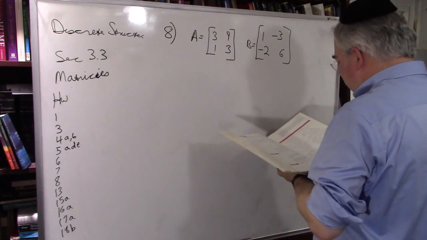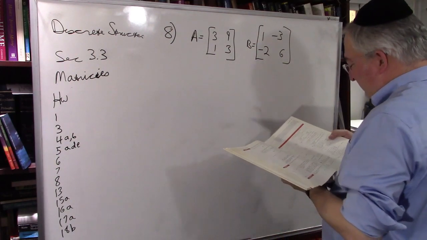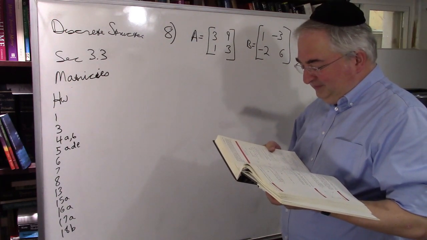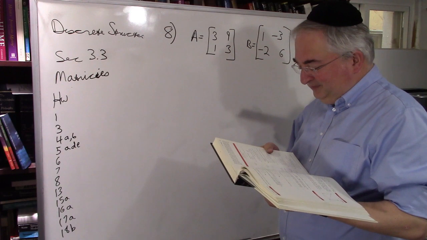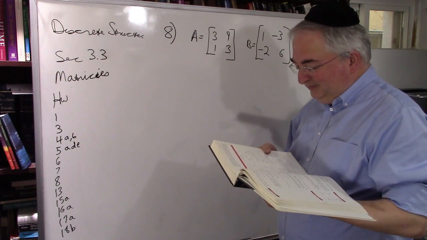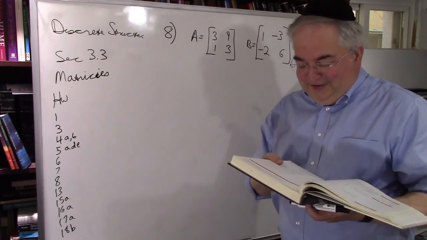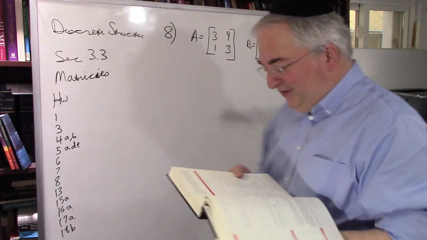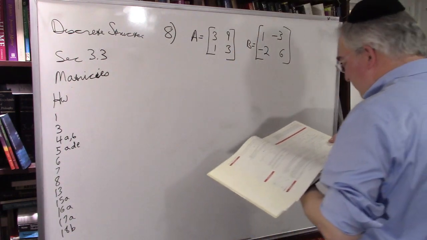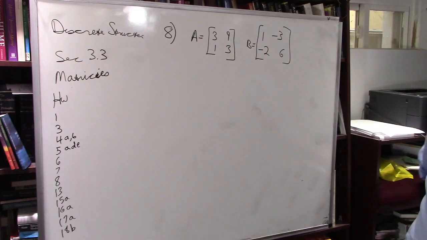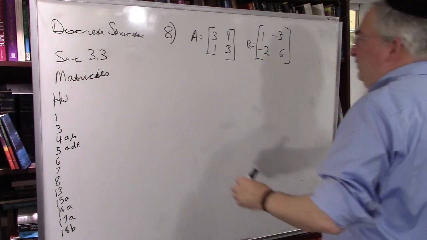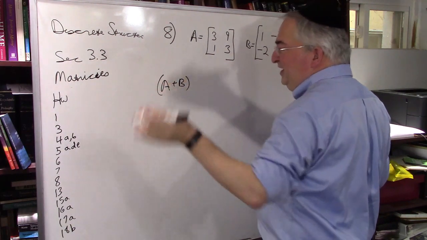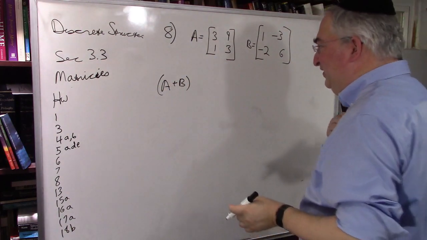Okay, so let's do it. That's a punishment for being stupid. Okay, so first I want A plus B. Anyways, the answer at the end is that they're equal, but let's work it out.